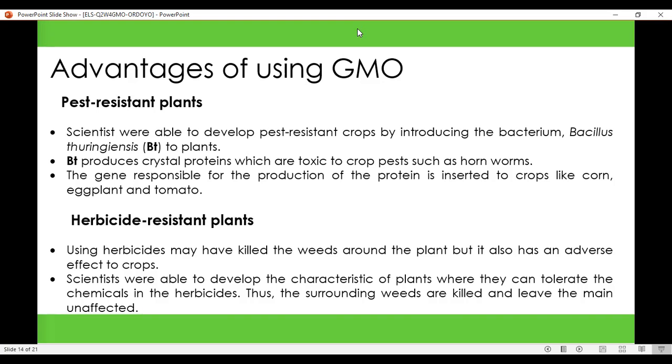So, may I call on Mr. Farhan again? Why, of all types of crops, were corn, eggplant, and tomato the ones inserted with the gene responsible for crystal protein production?